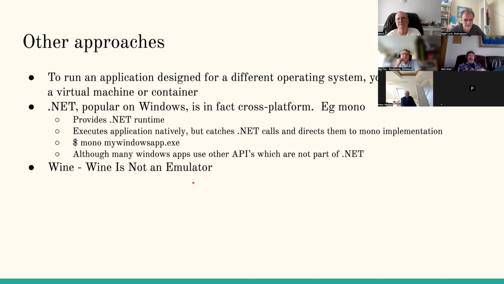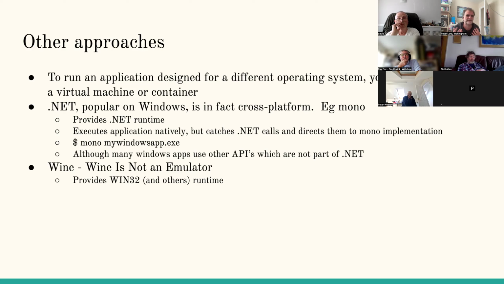But there's another one which is worth mentioning, and that's the Wine project. This has been going on for years and years. Wine stands for "Wine Is Not an Emulator", and it's a way to run Windows applications on Linux. Similar to Mono, it provides Win32 and other APIs.